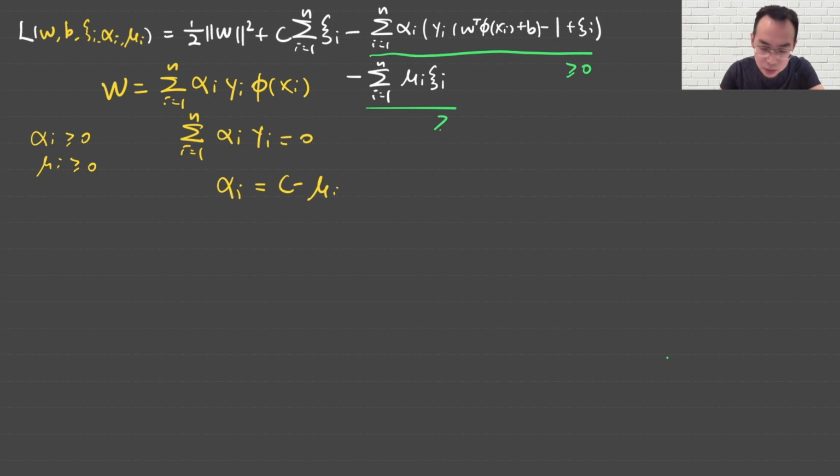The reason being that the multiplier that we used in here is greater or equal to zero, the alpha and the mu, and then the constraint must be satisfied, right? So that means these two terms here also need to be greater or equal to zero. So this whole thing taken together is kind of like a penalized primal problem, right? So it's a penalty. And then it also means that L is kind of like the lower bound for the primal problem.